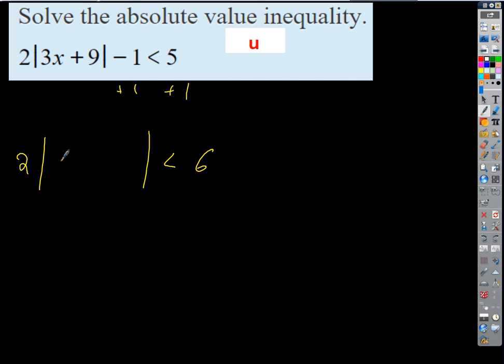What are the two steps? Add 1. Okay, so if we add 1, that's going to give us 2 times the absolute value of u is less than 6, right? And what's my u? I guess we'll write that down. The u is 3x plus 9. Okay, and then what?